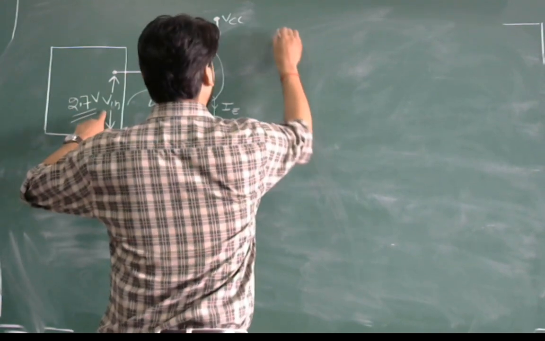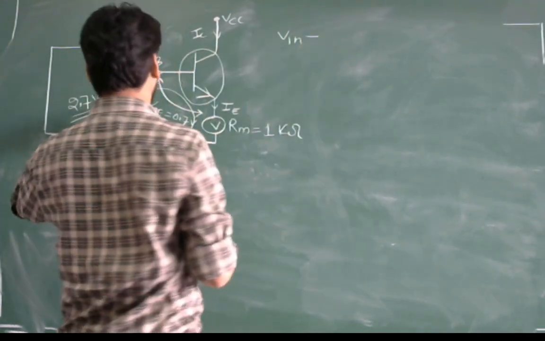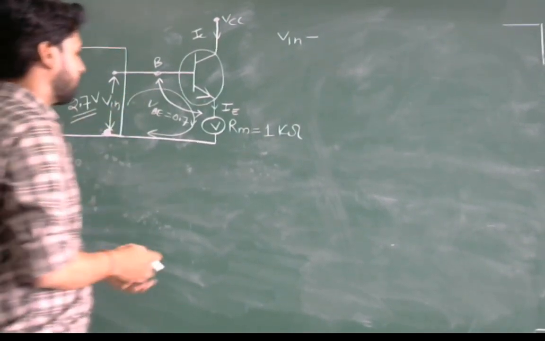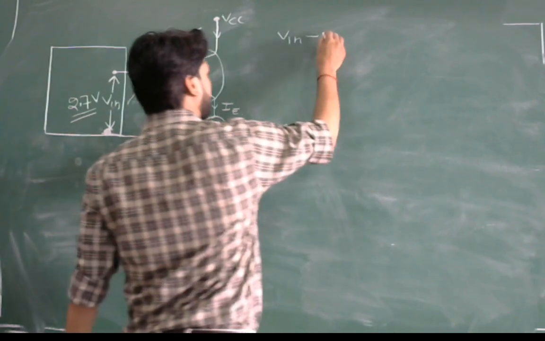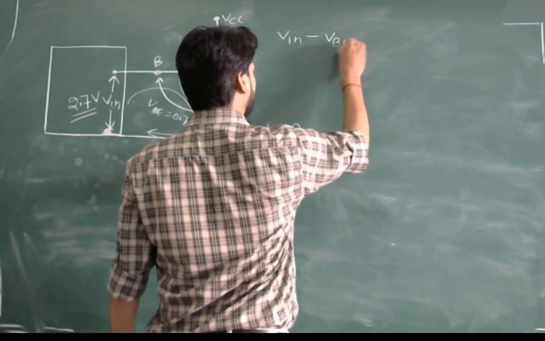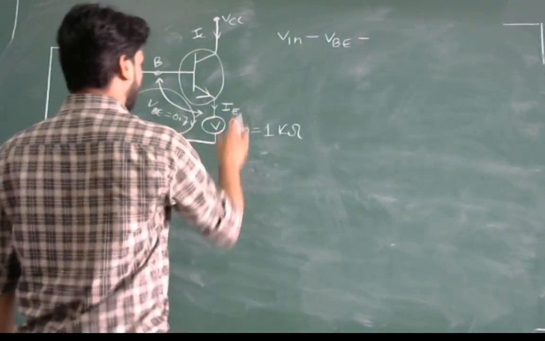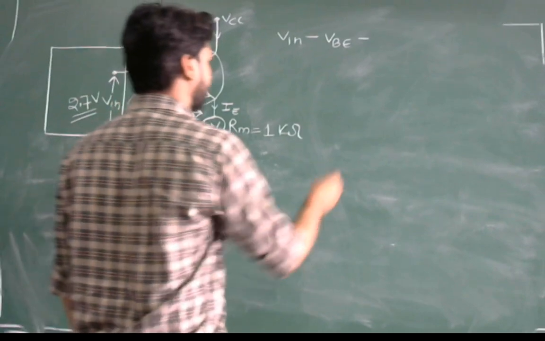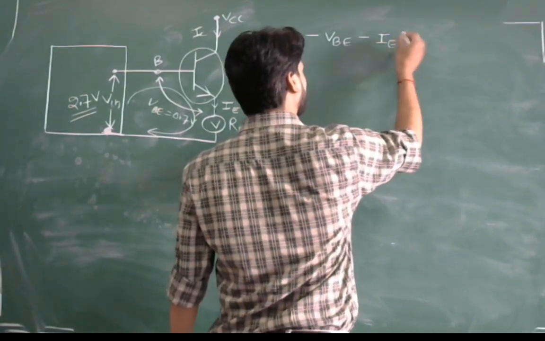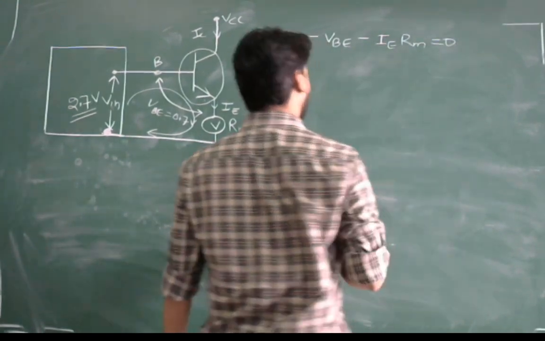V in minus, because it is a voltage drop here of 0.7 volt, V in minus VBE minus a voltage drop here IE into RM is equal to 0.